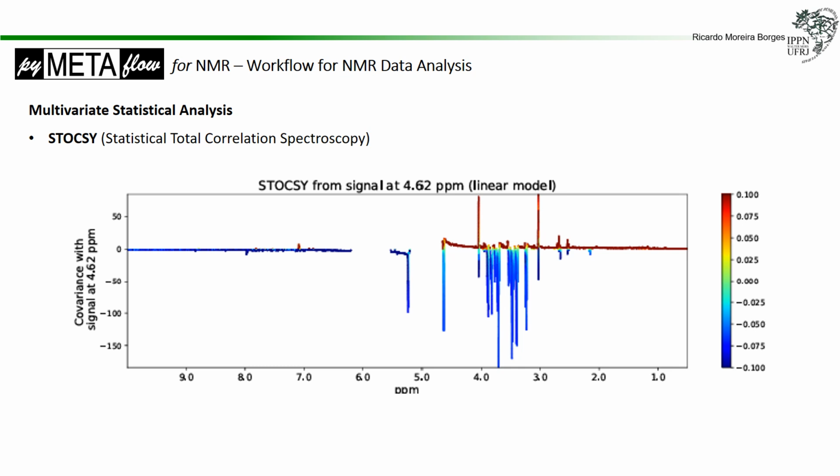It has its intensity modulated by the covariance value, mostly positive versus negative, and it's color coded by the correlation value from the driver, right, from the target peak of the selected chemical shift. That is quite useful to connect different peaks that might characterize a unique compound, maybe a driver, or maybe a biomarker, or something that interests the user.